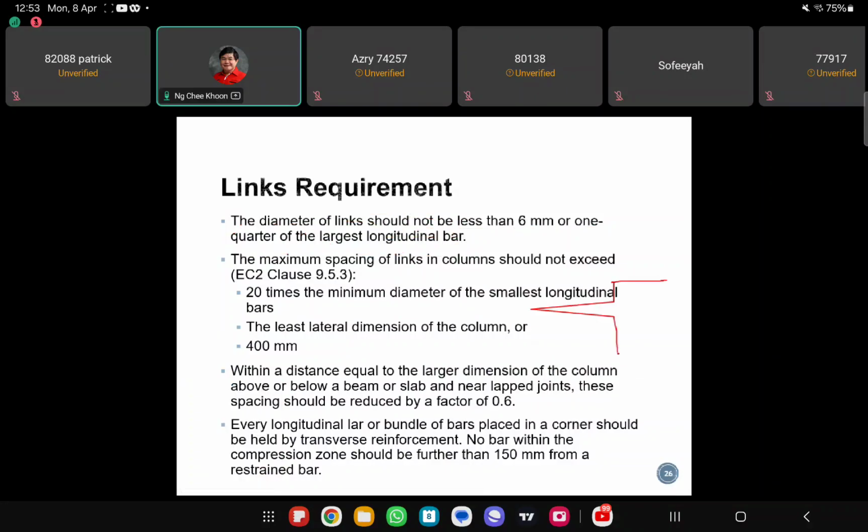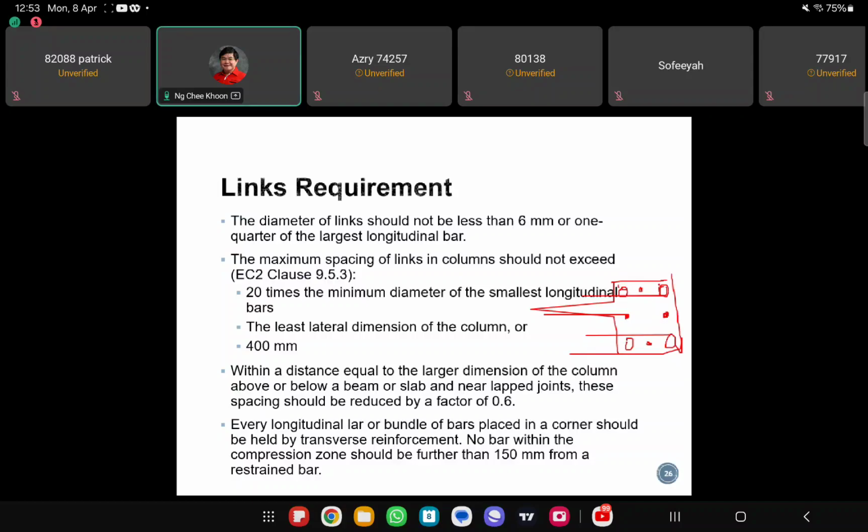Let's say, for example, for a cross section, we use a larger bar size at the corner and smaller bars near the middle of the column.